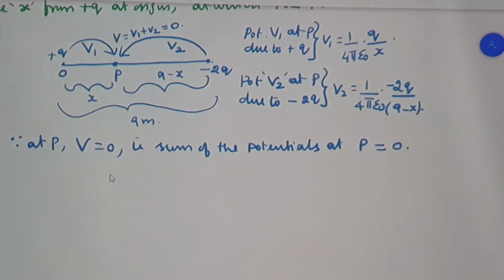So how can I write? The net potential V is equal to V1 plus V2 equal to 0.